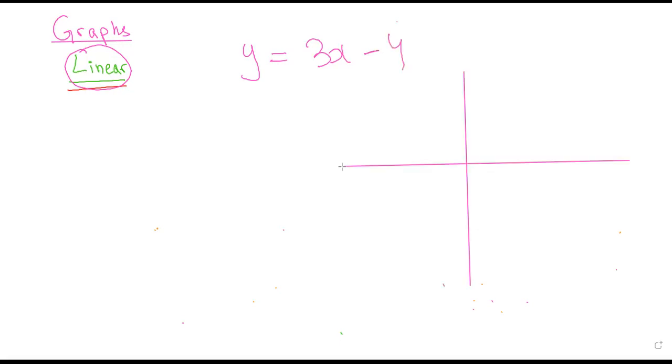Let's say we have y equals 3x minus 4. Again, y-axis, x-axis, this is what every graph has. This would be the value of y when x is 0. When is x 0? X is 0 at y-axis.